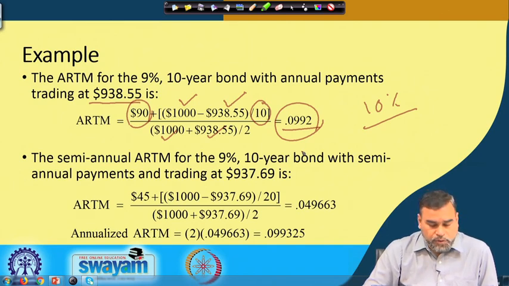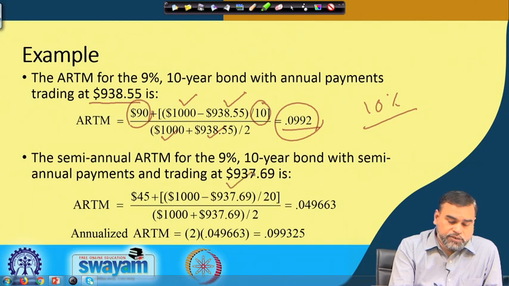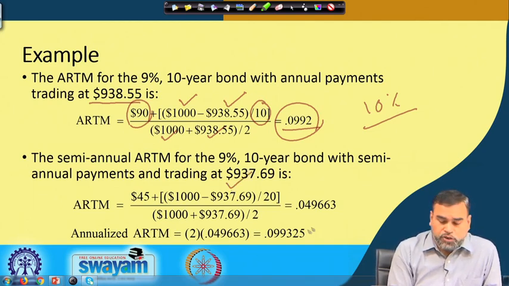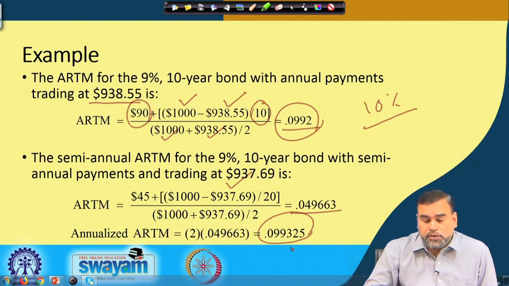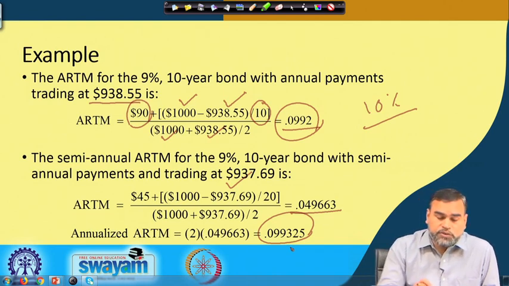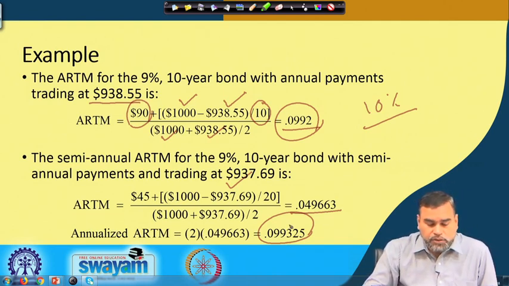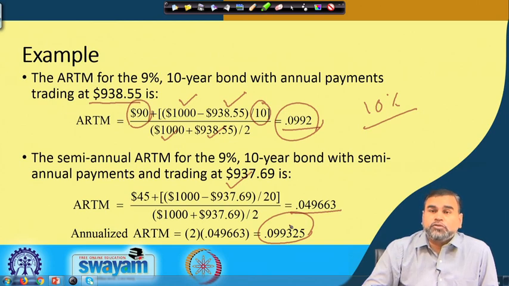Now whenever it is a semi annual payment, you have seen that the market price, or the present value of the bond, was 937, then we got 4.9633%, and finally we got 9.9325%, which is again very close.